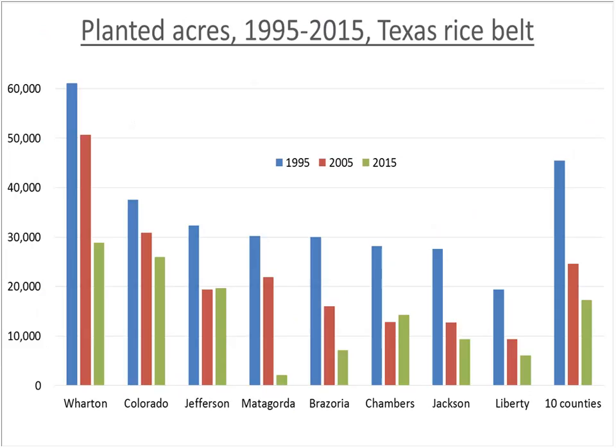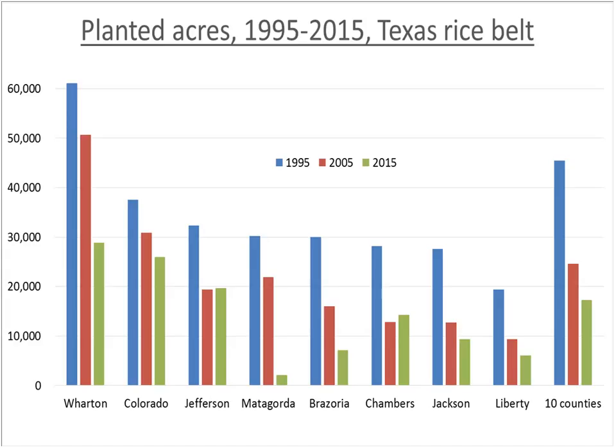This is a graphic depicting the acres planted to rice from 1995 to 2015. The blue is 1995, the red is 2005, and the green is 2015.